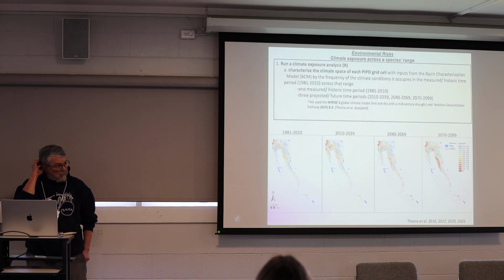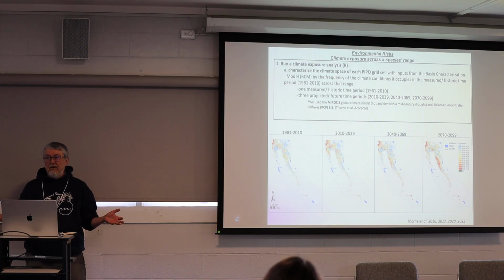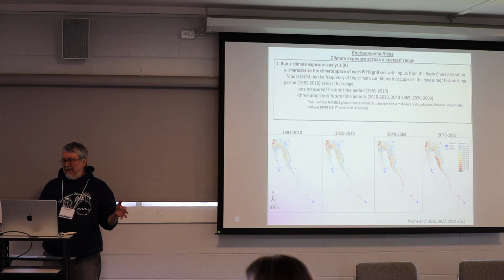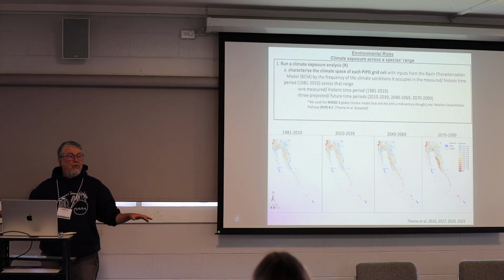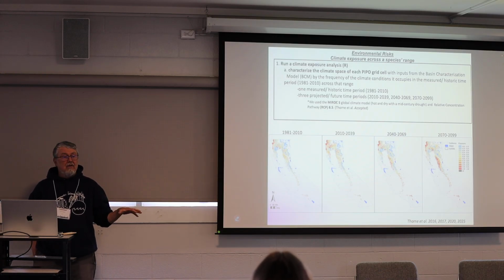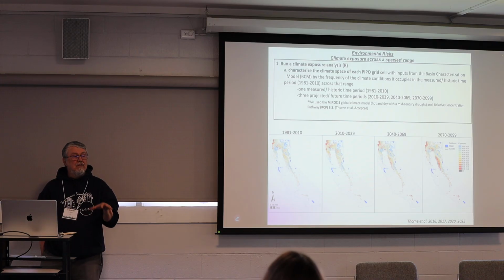So we developed a place-based climate risk assessment that uses the range of something and looks at the frequency of climates within it and sets what are the non-stressful and the unusual or infrequently encountered climates in a baseline time period, and then says what happens to every grid cell within it.